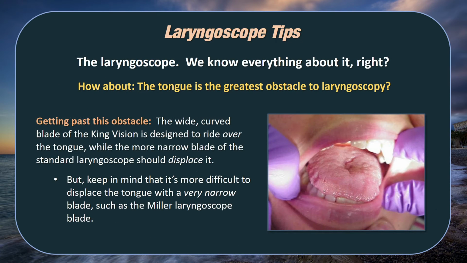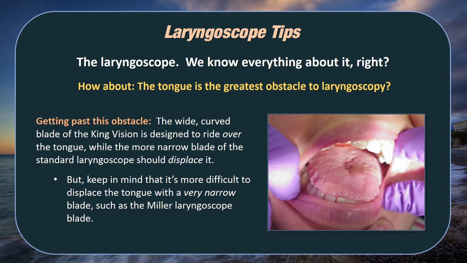One of our biggest obstacles during the actual intubation process, and one that our blade selection can address, is the tongue. It's very hard to displace. A lot of times the wide curve may help us actually displace that and move it out of the way, versus the narrow blade of a Miller, which is just going to move and grab everything.